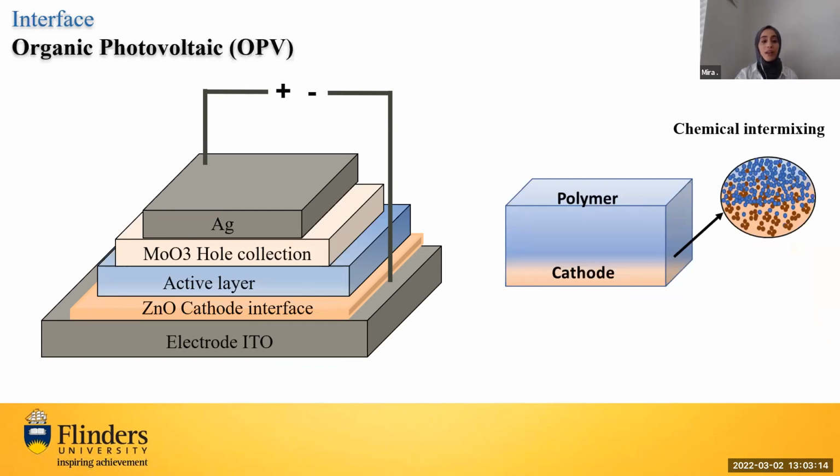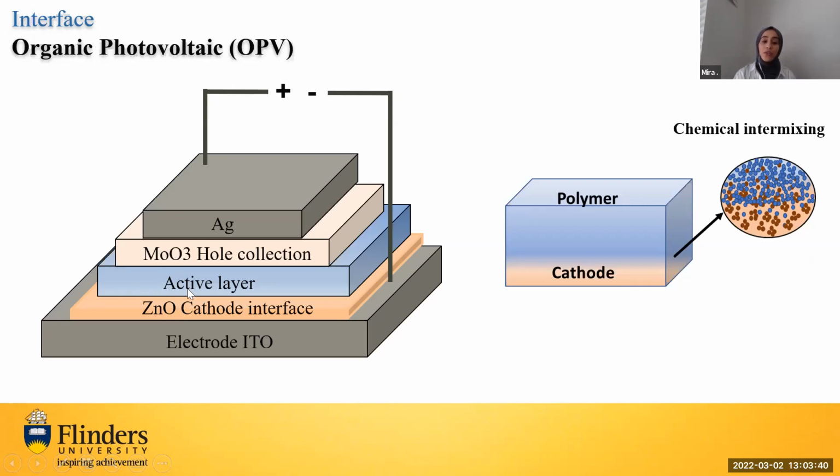Here we have the common structure of organic photovoltaics, which usually uses zinc oxide as a cathode interface layer and molybdenum oxide as the hole collection layer. Many studies have focused on the interface between the zinc oxide and active materials, or between the molybdenum oxide and the active layer.